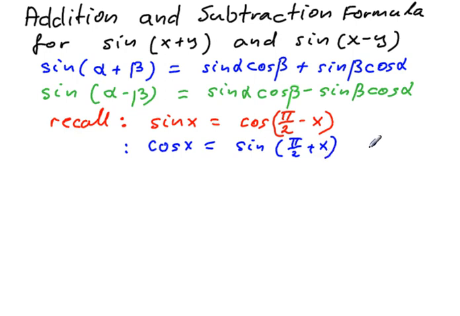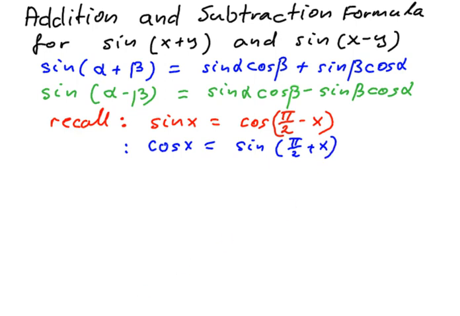So this can be easily shown from the unit circle, and just keep in mind sine x, if x is less than 90, is a positive ratio, and that also remains positive. And cosine x, when x is an acute angle, is a positive ratio, and sine of that angle, which is in the second quadrant, is also a positive ratio.